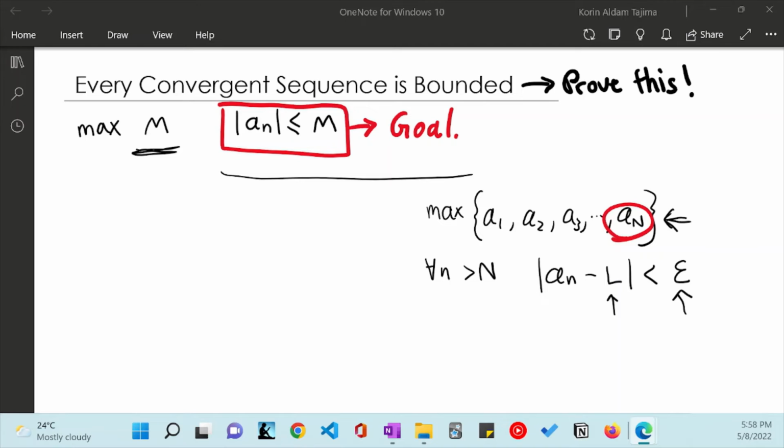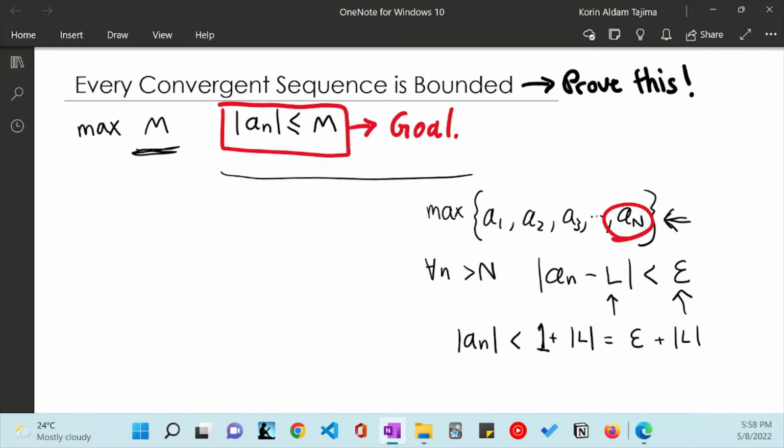So what the Math Sorcerer does is he does some inequalities, algebra. You can watch his video, and he basically gets to the fact that a sub n is less than 1 plus the absolute value of L. Okay? And that's our error margin plus the absolute value of L.